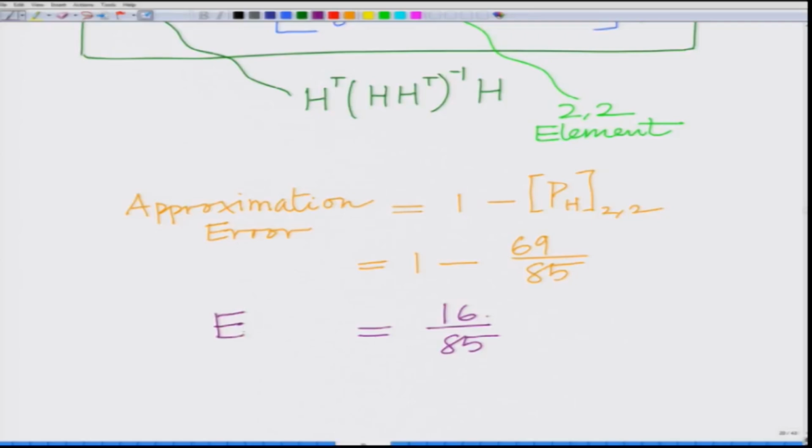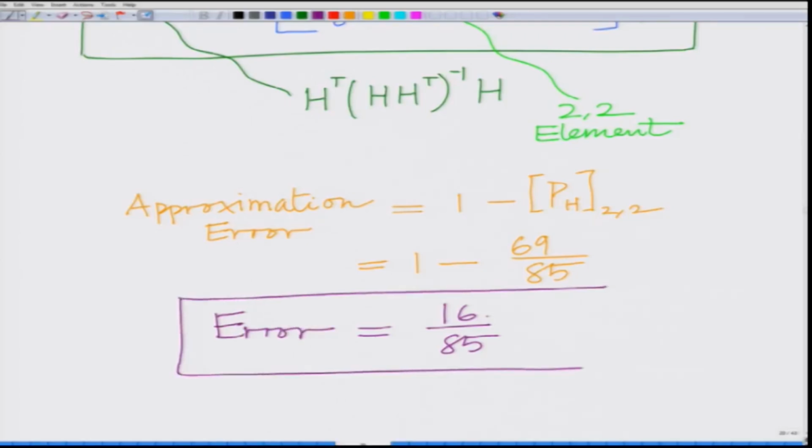So the approximation error equals 16 divided by 85, and this is the approximation error that we have been able to deliver for this simple example.